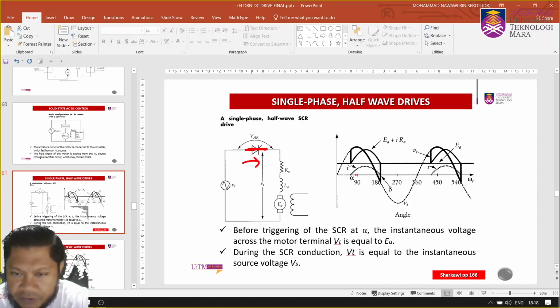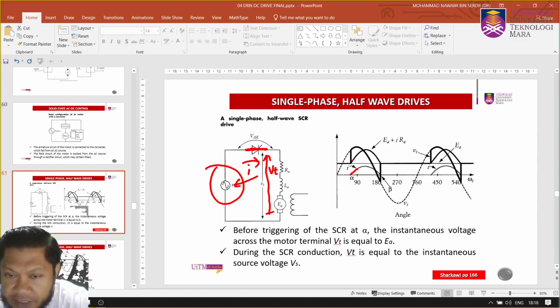This is the current developed in the circuit, a positive current I. There will be a voltage drop here and there, and if you measure from that point to that point again, Vt will equal Vs. That's why at the output, after alpha, it follows Vs, the sinusoidal waveform.